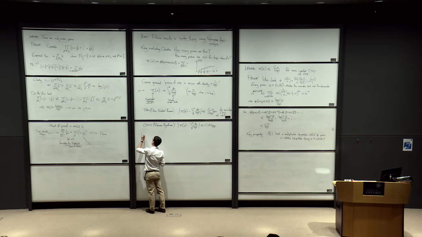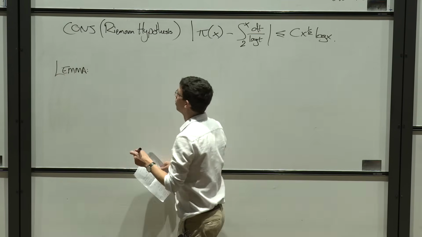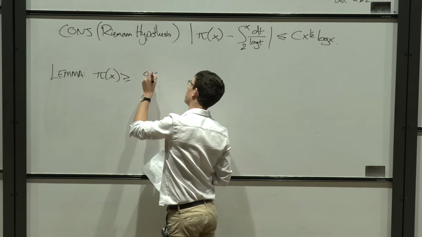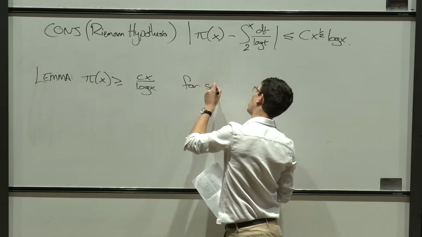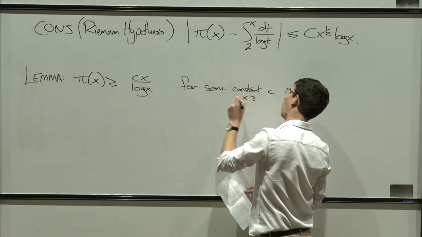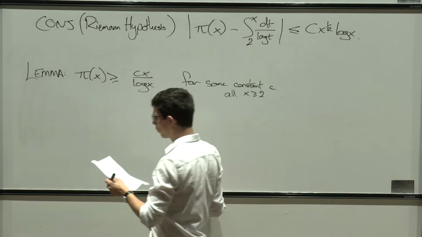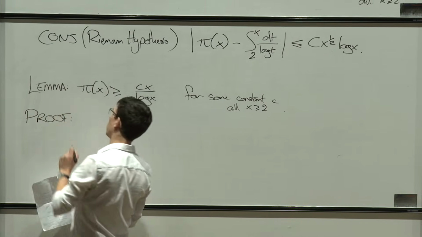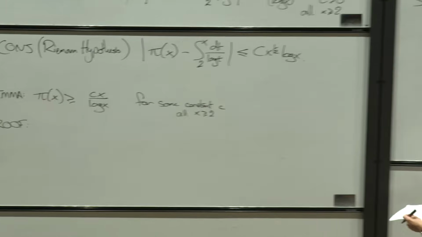The final lemma is that phi of x is bigger than or equal to some constant c times x divided by log x. So maybe I'll be slightly brief in the proof, but again we're going to look at the binomial coefficients.